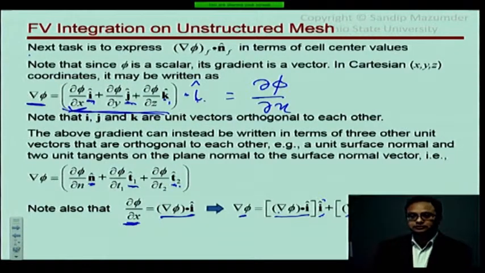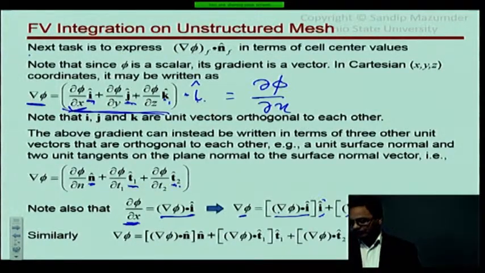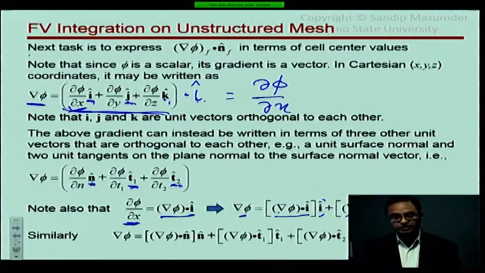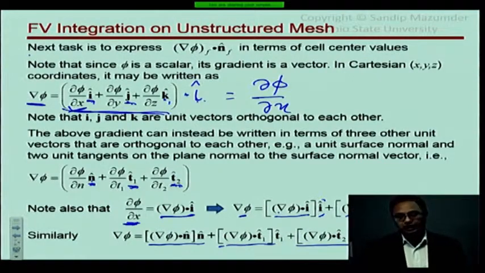Everybody got that? Similarly, if I use my local coordinate system comprised of two tangents and a normal, I can write it this way. Instead of i, j, k, I'm using n, t1, t2.